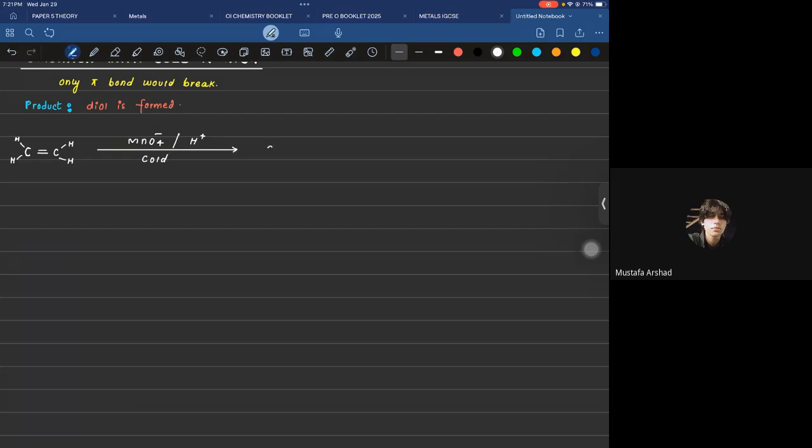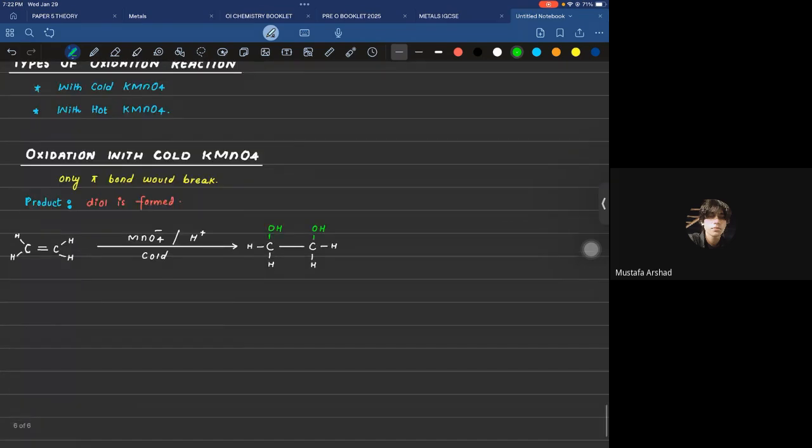So the double bond, that is the pi bond, would break, and as a result a diol is formed. I mean OH and then OH. This is called a diol. As you know, oxidation is the addition of oxygen.